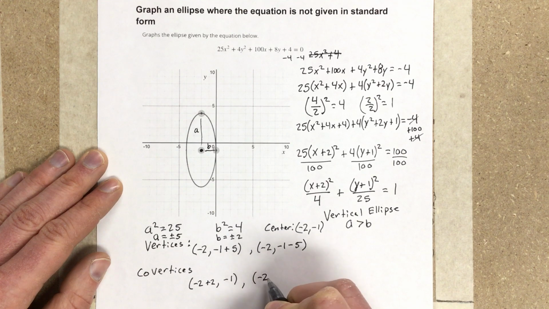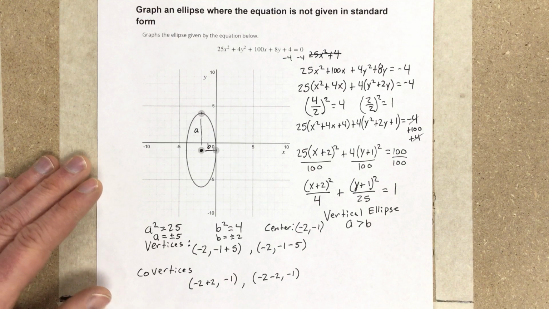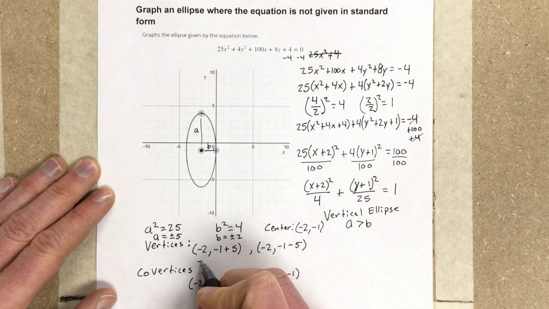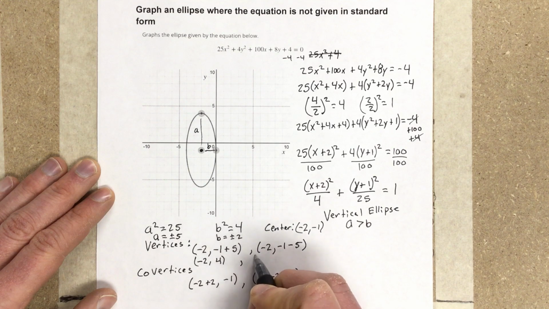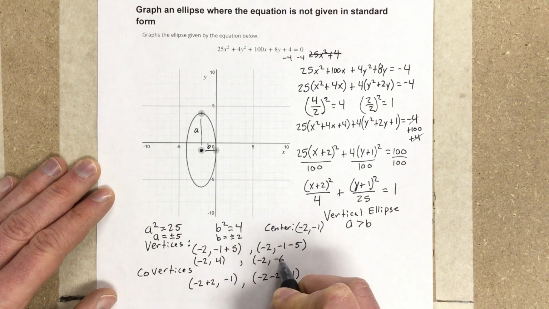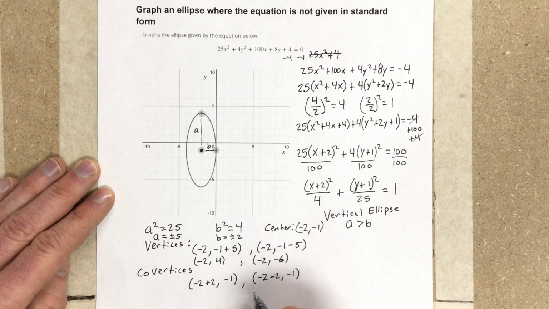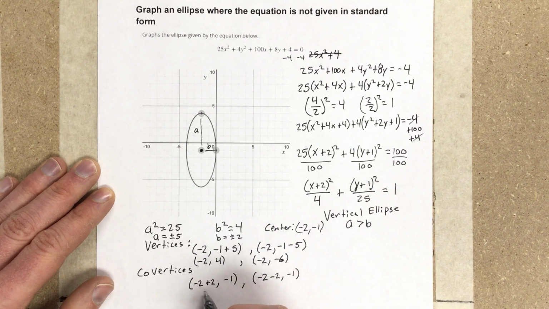And then I have negative 2 minus 2, negative 1. So if I simplify this, this should be negative 2 and 4 for my vertex, and negative 2 and negative 6 for my other vertex. And for my co-vertices, I get 0, negative 1, and negative 4, negative 1.